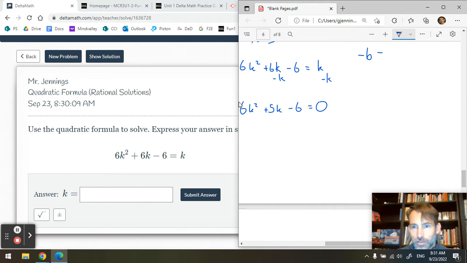So we copy out the quadratic formula with a little jingle. Negative b plus or minus the square root of b squared minus 4ac over 2a. Never get the 2a part in time for the jingle. Okay, and then you just substitute in.